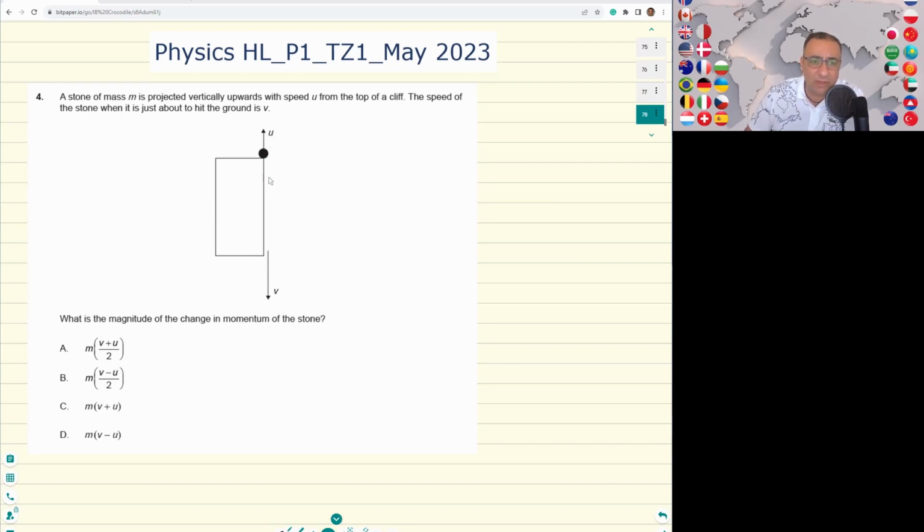Now we know everything about the initial velocity and the final velocity going vertically down with a magnitude of v. Okay, why am I emphasizing this? Let's continue reading. What is the magnitude of the change in momentum of the stone?